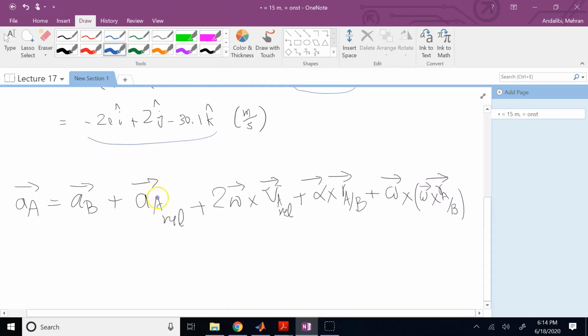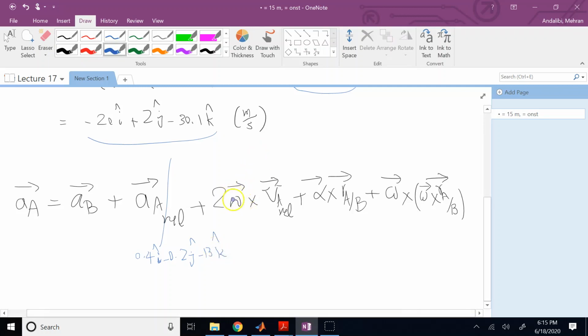And now AA relative is directly given to you, no big deal. 0.4i minus 0.2j minus 13k. Then omega is found.